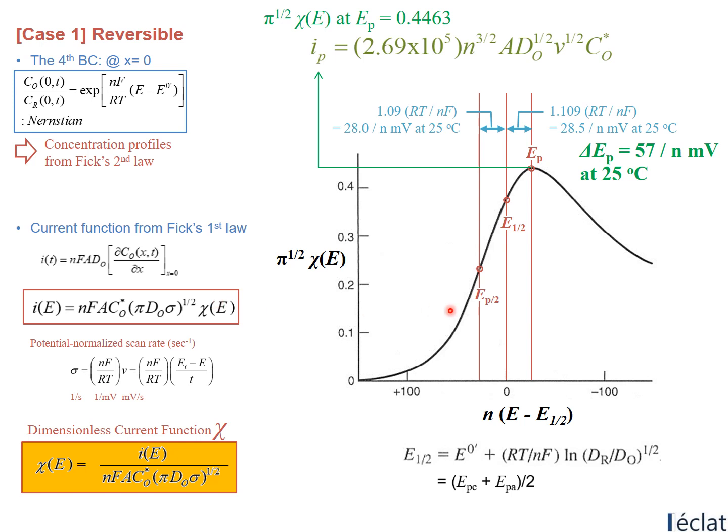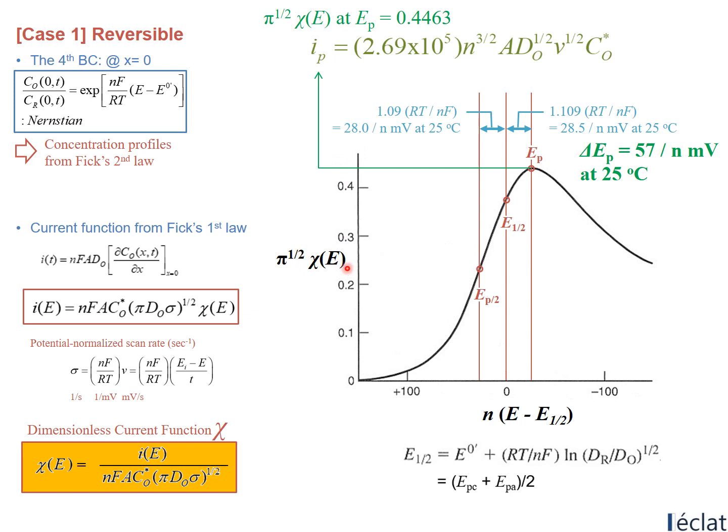This is the chi function curve, and the x-axis is n, the number of electron transfer, times the potential difference between your applied potential minus the average peak potential. E with subscript a half is the average value of the cathodic process and anodic process peak potential.